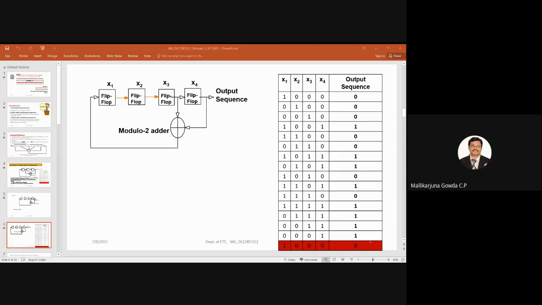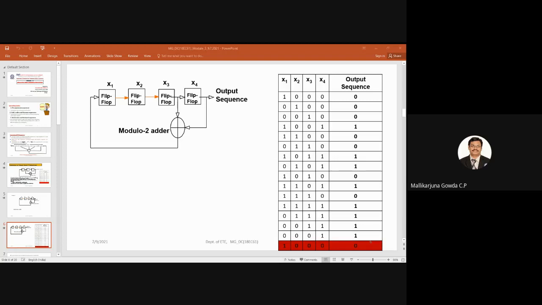Can you repeat? See, if the initial state is 0001, right? What will the next state be? 0 XOR with 1 will be 1, right? So 1 will come to flip-flop 1, and these 3 zeros will be shifted, that is 1 triple 0.